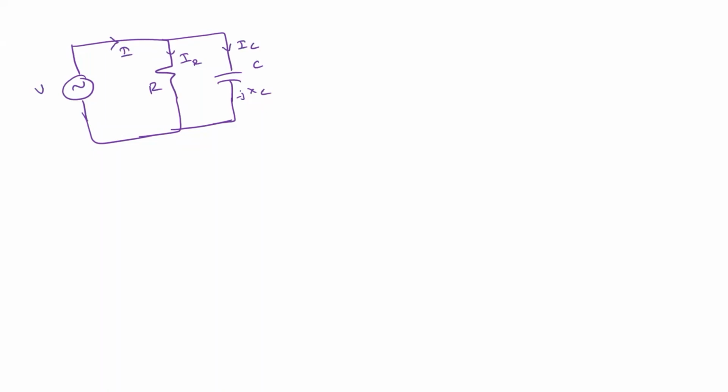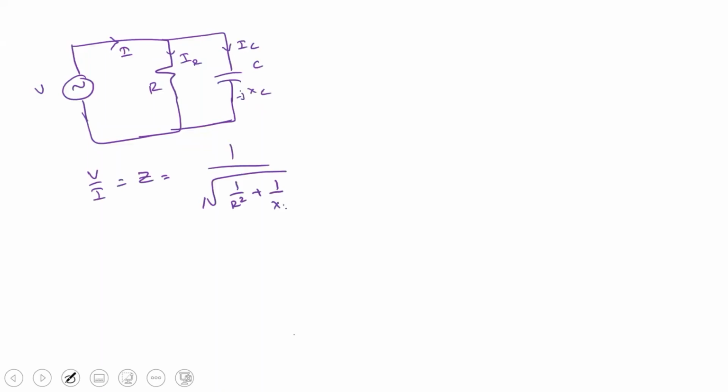In the same manner, you can calculate these values. Here also V by I is equal to Z. So what is Z for this parallel combination? Its magnitude is 1 by the square root of 1 by R squared plus 1 by XC squared. And the angle theta equals tan inverse, same as before. Earlier it was R by XL, now it is R by XC.